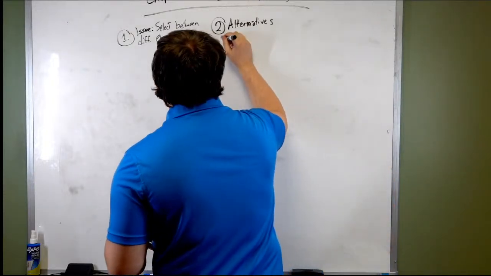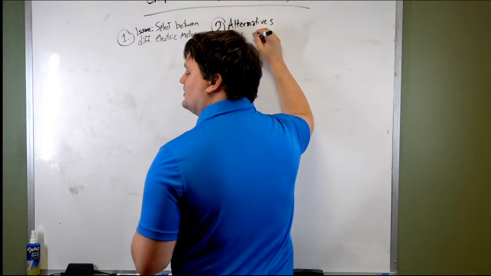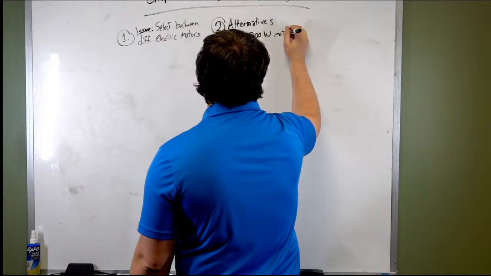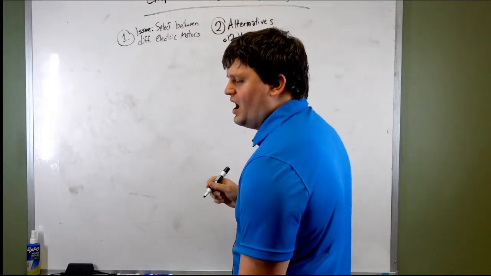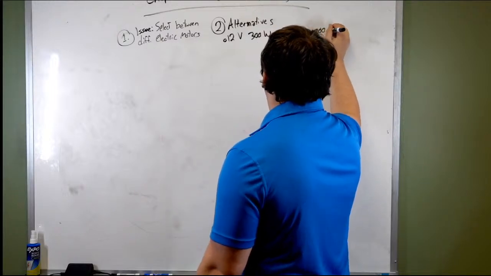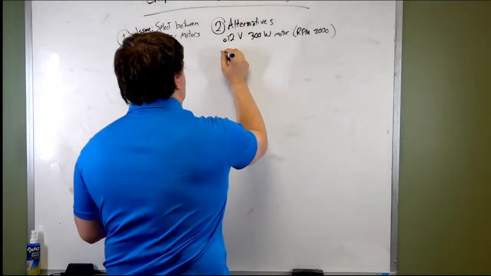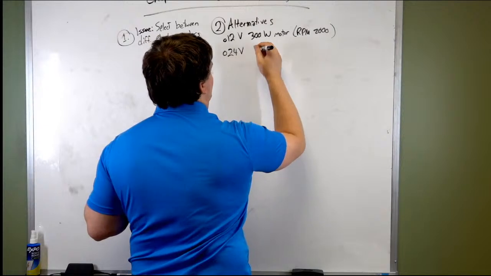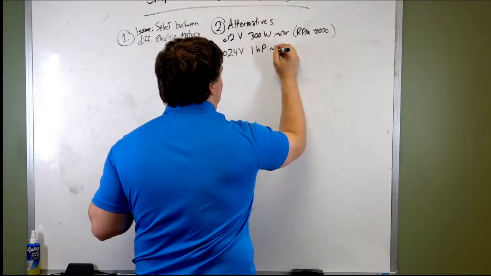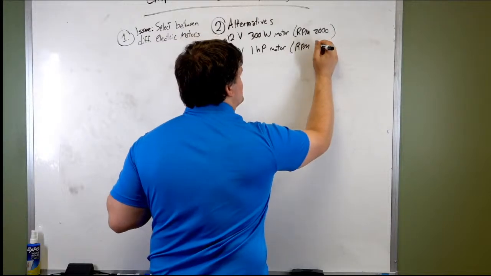We'll say the 3 alternatives are: a 12 volt, 300 watt motor with an optimum RPM of 2000. Say that's one motor. Then we'll have a 24 volt motor, which is going to be 1 horsepower, with an optimum RPM of about 500.